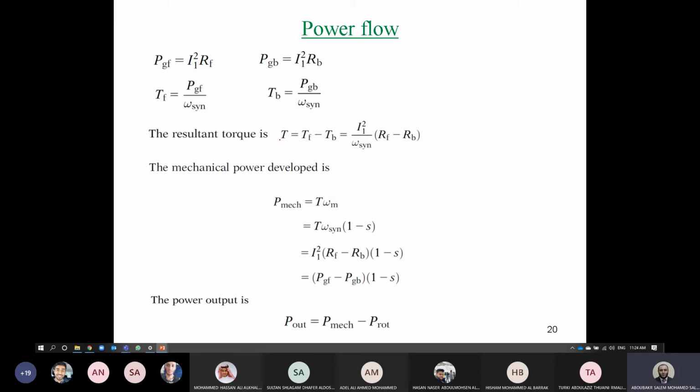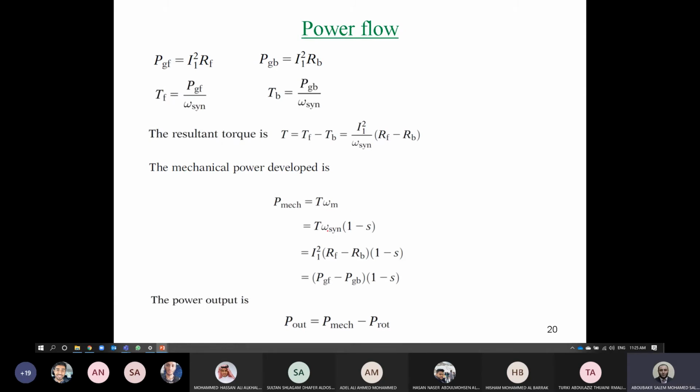which we said that this resultant torque at starting equals 0, because the forward and backward fluxes at starting cancel, and the summation of them equals 0. Right? So here the effective or resultant torque equals T forward minus T backward, which means if you use these relations, it will be I square over synchronous speed multiplied by RF minus RB. So from here, we can say now the mechanical power equals this electrical torque multiplied by omega m.